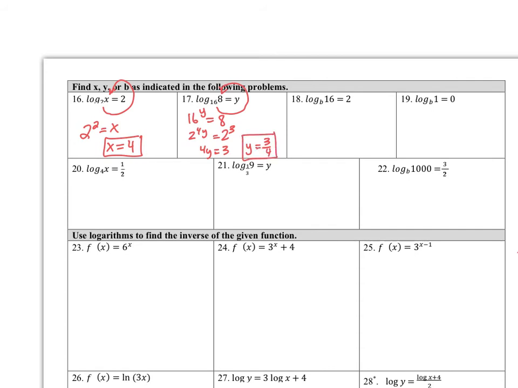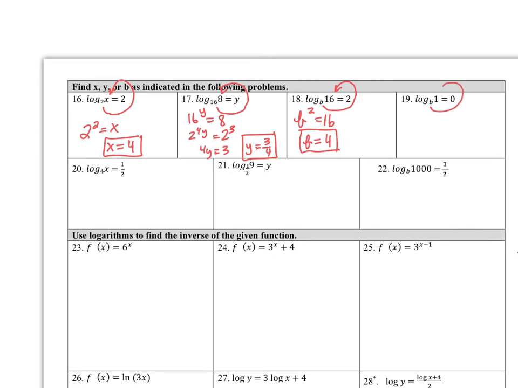All right, let's see. The next one, b to the 2nd power is 16. So I got to take the square root of both sides. So b is 4. We tried to see if b could be -4, but it gave us error messages, so you can't have negatives on that part right there. Let's see the next one.